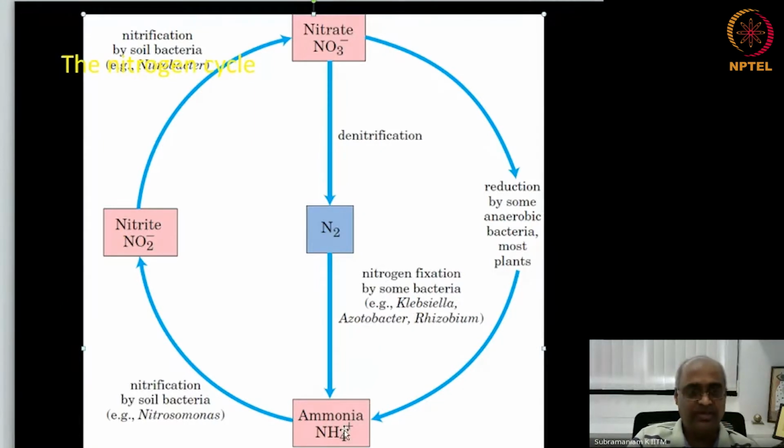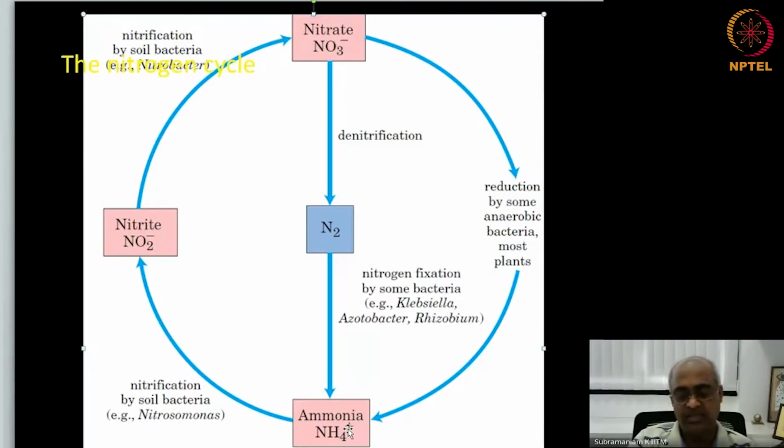And this ammonia is converted into nitrate by the nitrifying soil bacteria, and therefore free ammonia does not exist in the soil. This nitrate is the one that is reduced back to ammonia and used by the plants. Plants meaning they incorporate it into amino acids.